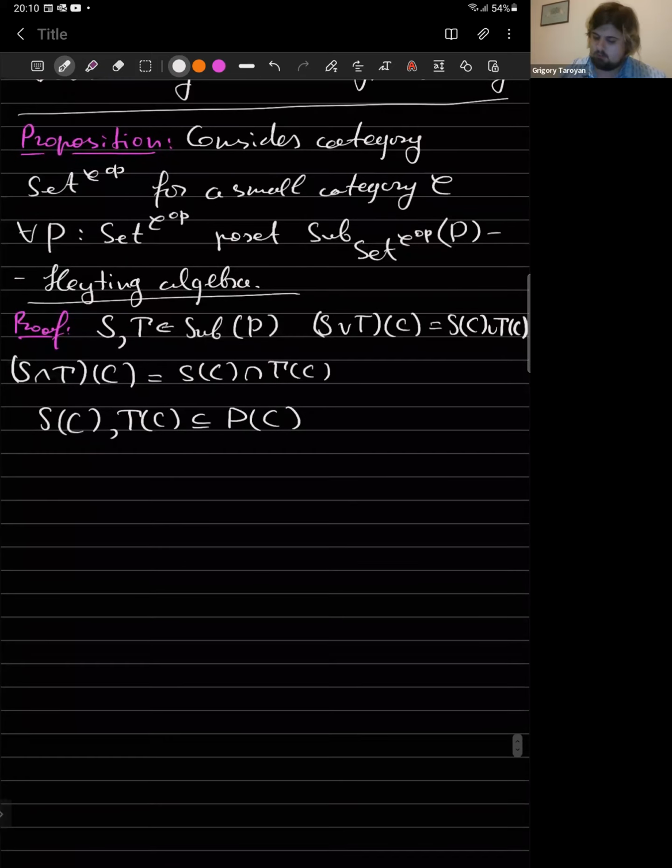So to define implication, we need a slightly more involved construction.